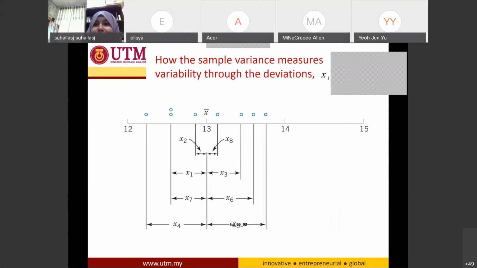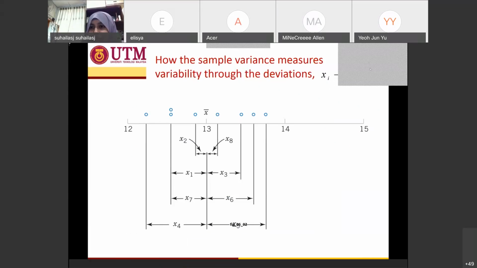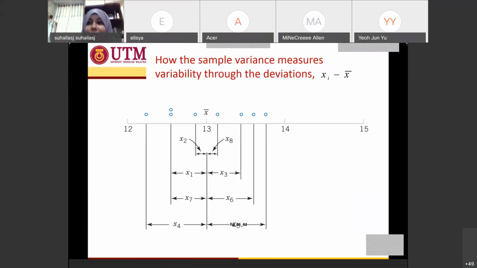Okay. Ini just saya nak tunjukkan how the sample variance measures variability through the deviation. Okay, you have some Xi minus X bar. Let's say you have your observations, and this one is your X bar.